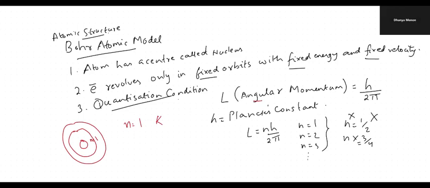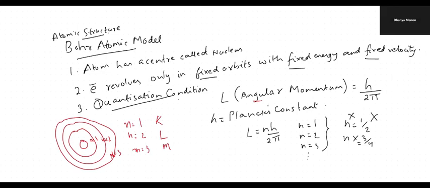When the n value is 2, it represents the second shell, and it is called the L shell. When the n value is 3, it represents the third shell, the next shell, which is M. So K, L, M, N, and so on, depending upon the n value.